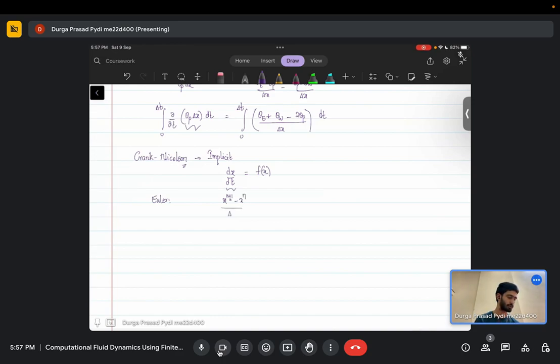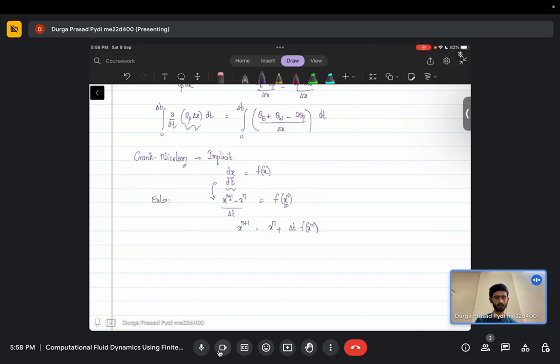You can approximate dx dt as this. Now for the value of f of x, we will assume the current step value. x n is the current step value. So from this you can directly get the x n plus 1 value as x n plus delta t times f of x n.